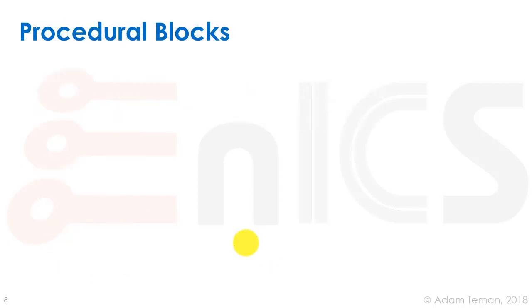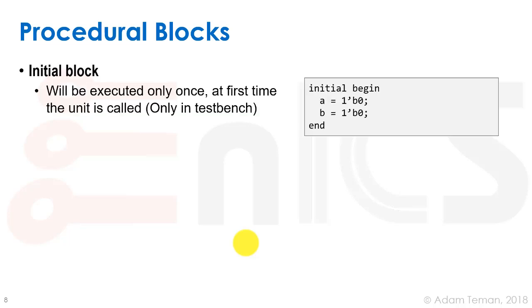Okay, next we'll discuss the heart of Verilog, which is the procedural blocks. So actually we'll start with the initial block, which is the behavioral high level of Verilog. And as I said before, the behavioral high-level abstraction is non-synthesizable, and it's not how we describe our hardware, but actually how we describe our tests. So an initial block means that we're going to do something at the beginning of our simulation, at the initial point.